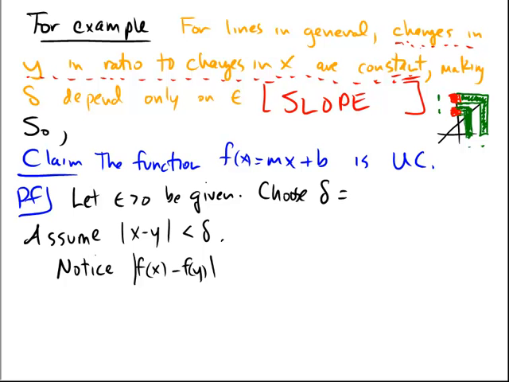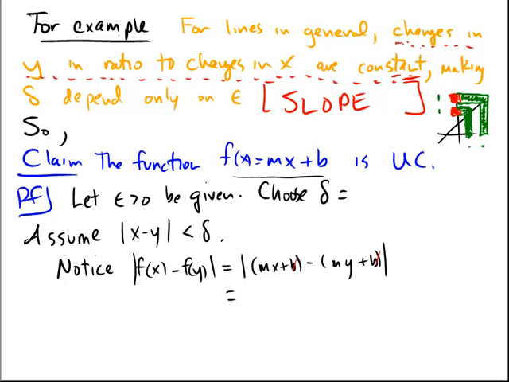Well, notice that f of x minus f of y would be what? The function is mx plus b, so f of x would be mx plus b, and f of y would be my plus b. If we subtract these from each other, the b's would cancel out, and we'd just be left with mx minus my.